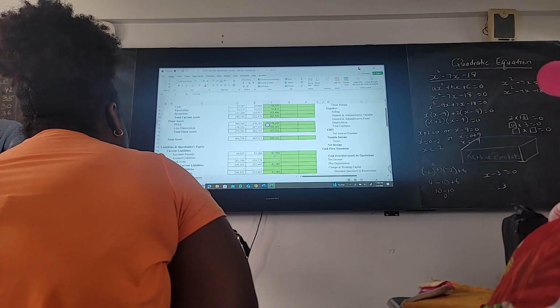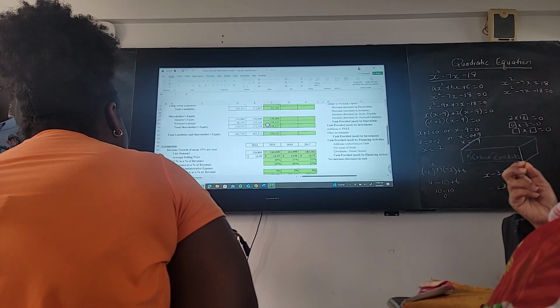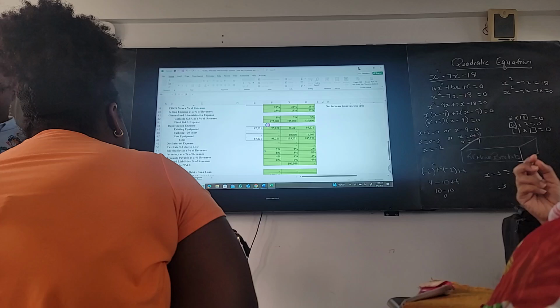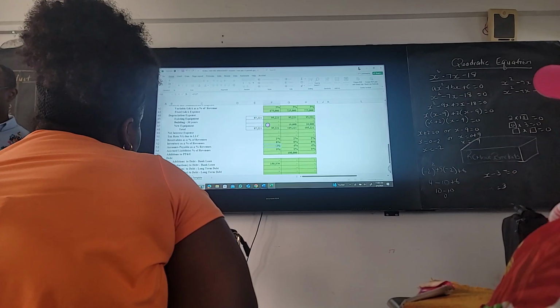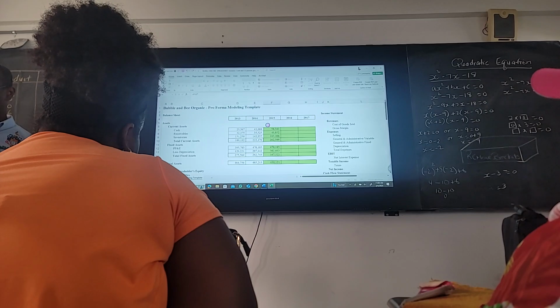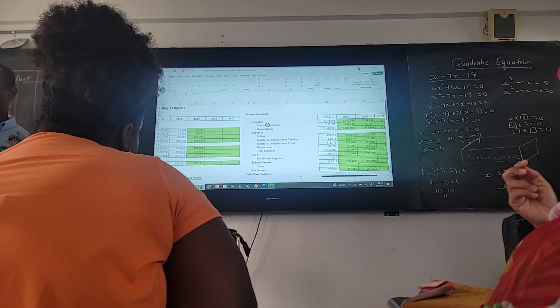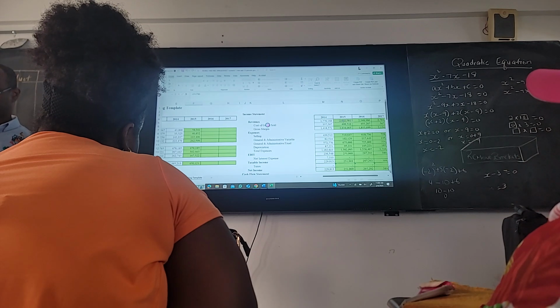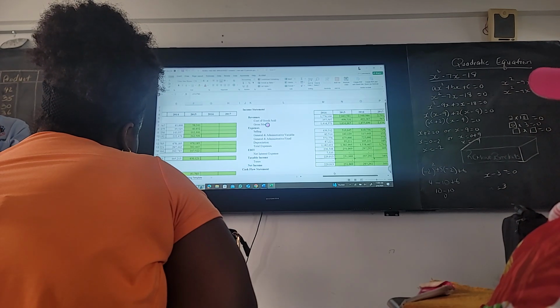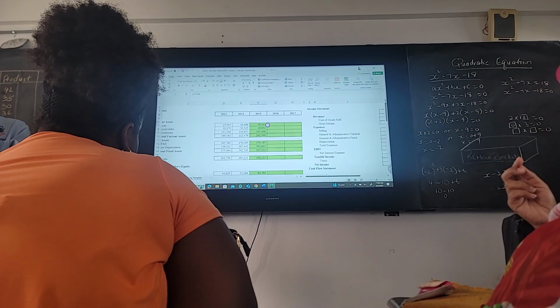That's a really hard formula. So accounts payable was F53, that's right, times our revenues, right? Yes, that's okay.